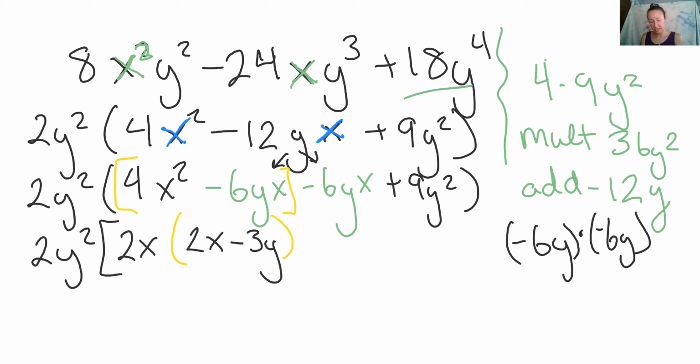And then our second two terms are going to factor to, I like to put a plus there, unless we're factoring out a negative from both terms. So our second two terms, these guys here, they both have a 3y. So we're going to pull out a 3y.